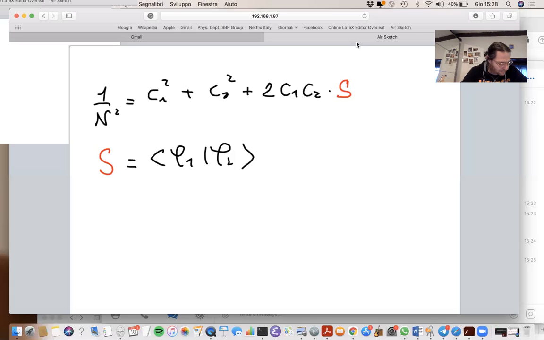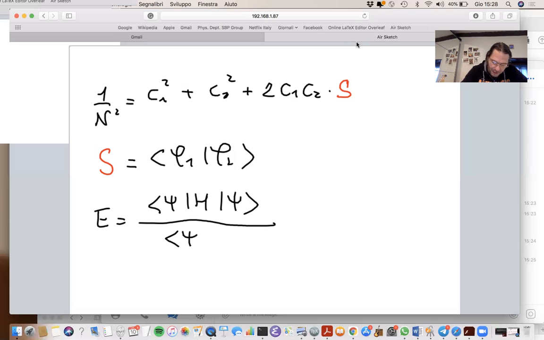So what is the result? The expectation value of the energy will be psi H psi divided by psi psi, the normalization. The normalization we just computed.